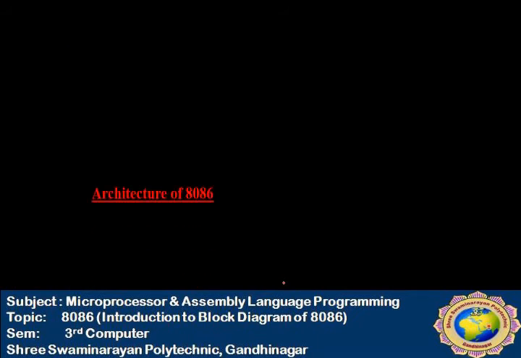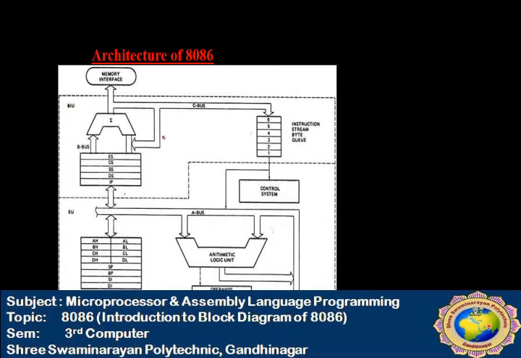Now let's start with our first topic, the architecture of the 8086. It is the same as the 8085, but with some modifications. The 8086 is divided into two parts, the BIU and the EU.